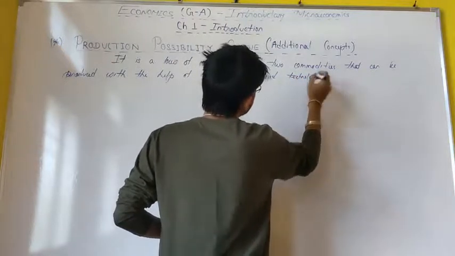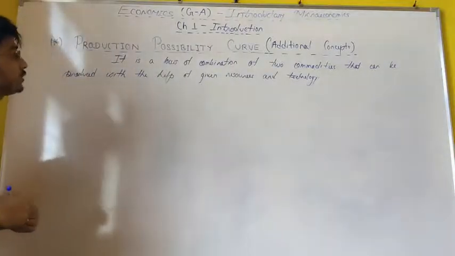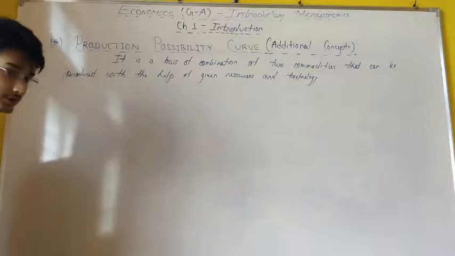So this is basically our production possibility curve: the locus of combination of two commodities that can be produced with the help of given resources and technology.